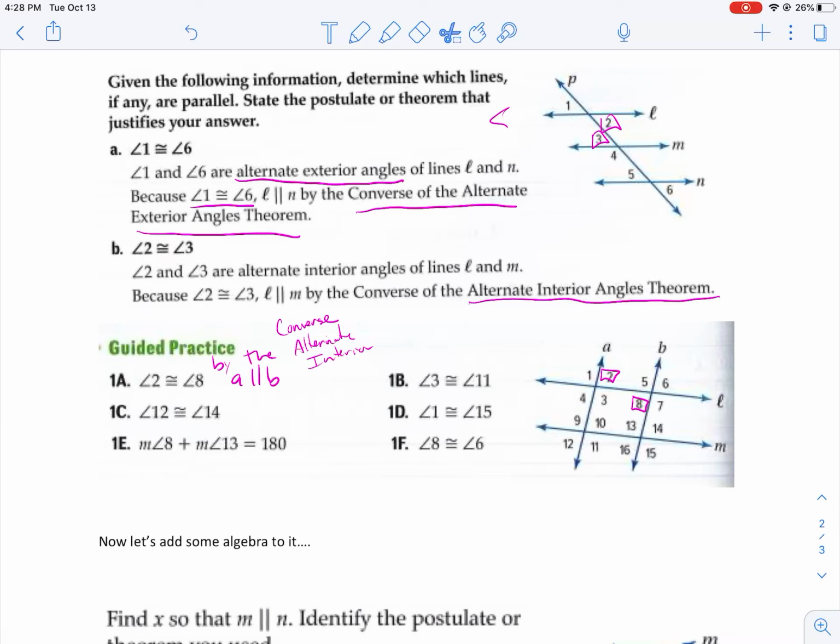Okay, so let's take a look at 12 and 14. Okay, looks like they're touching A and B and line M. So what that means is that if those two angles are congruent, then by the alternate exterior angles, let me write this out over here so you guys can see this.